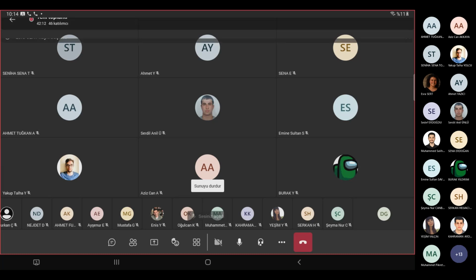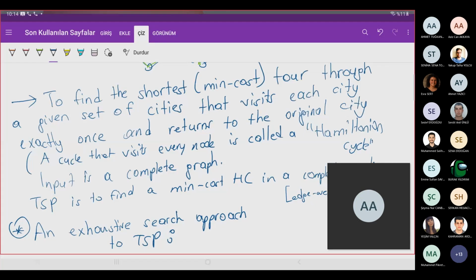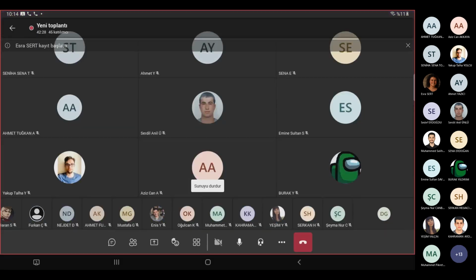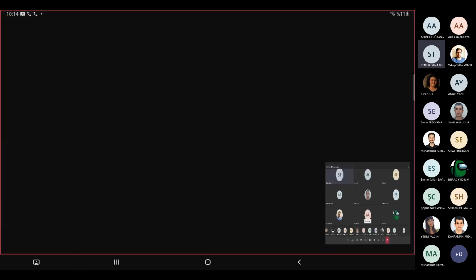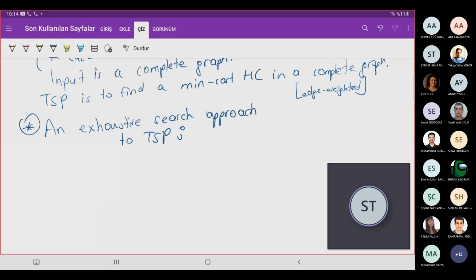So, okay, what do you think an exhaustive search approach is? Any guesses? Can you hear me? Yes. You don't have to talk in terms of Hamiltonian cycles, or you can explain it in your own terms.